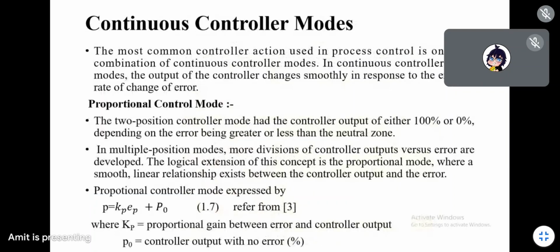But what happens in your continuous mode? In continuous control mode, the output of the controller changes smoothly in response to the error or the rate of change of error. Let's say when your error is 1%, your controller output is 1%. I'm just giving you an example.